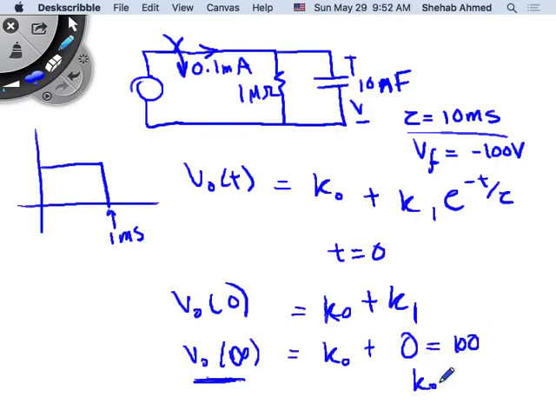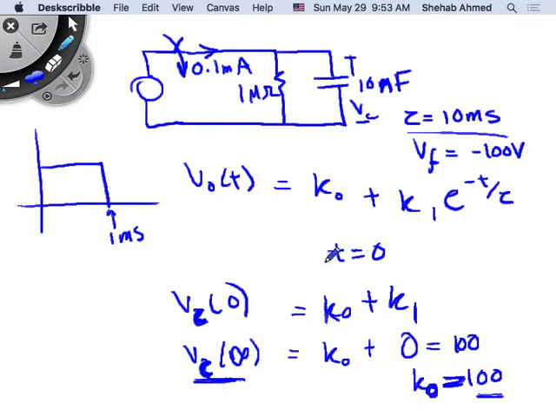So K0 is equal to minus 100. Why is it minus? It's not. K0 is equal to 100, or minus 100? Sorry, let's put this in terms of VC, the voltage across the capacitor, so that we don't confuse VC and V output. V output is the one for the op-amp. So VC is equal to K0 plus the exponential term, and K0 is equal to 100.